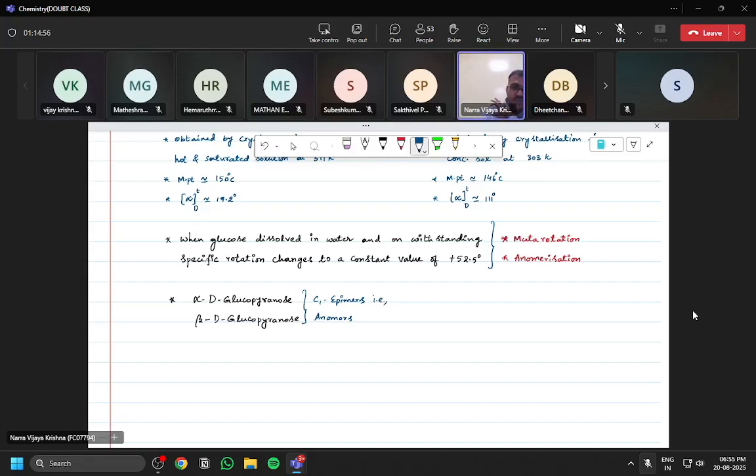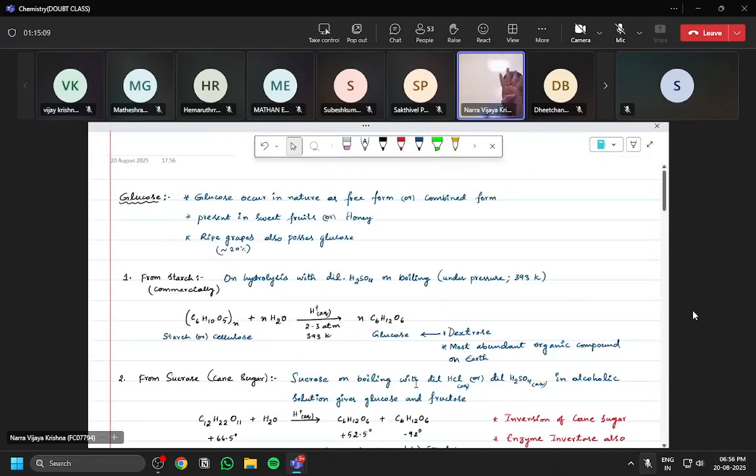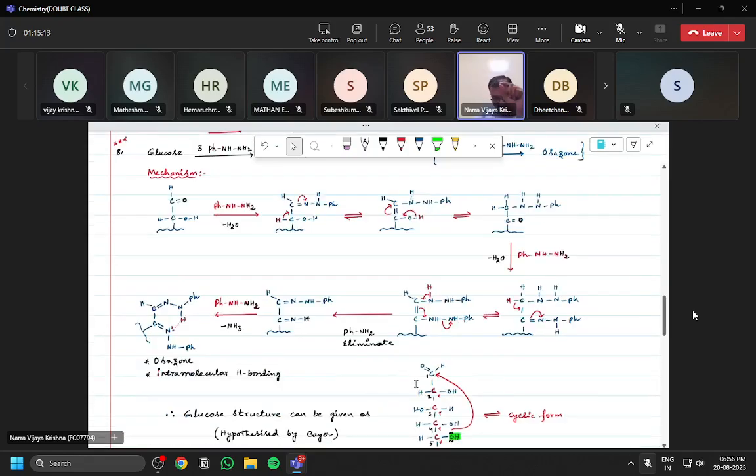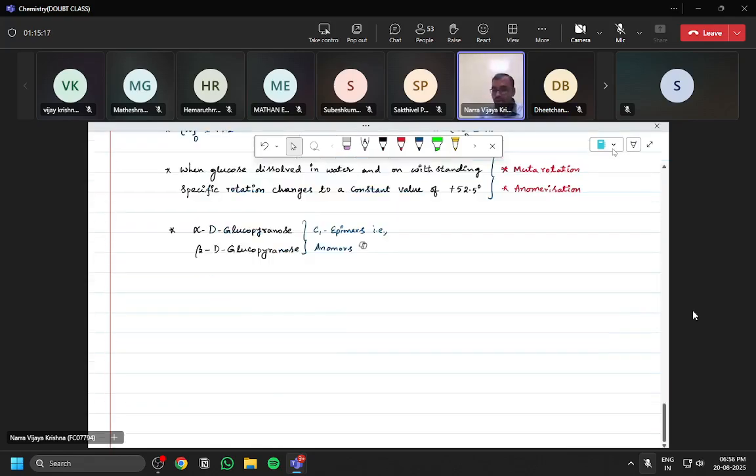Any questions in this? Respond. Do you have any questions, sir? No, sir. This is how the structure of glucose was confirmed. So we have seen the preparation and the structure of glucose. In the same way, all these reactions are repeated to identify the structure of fructose also.